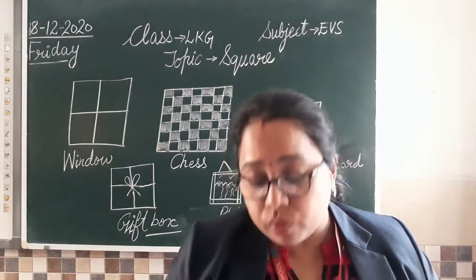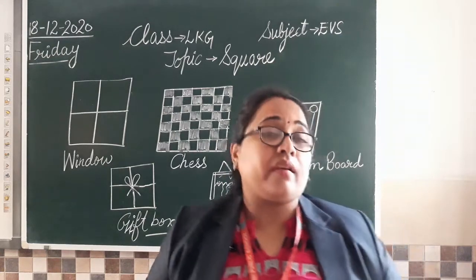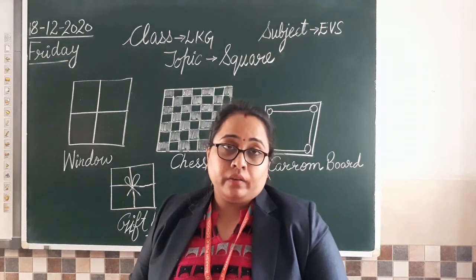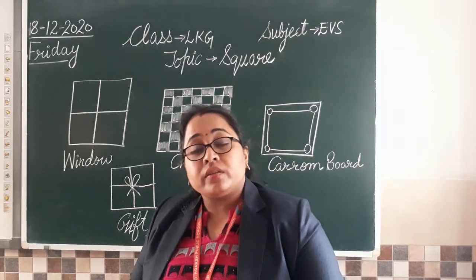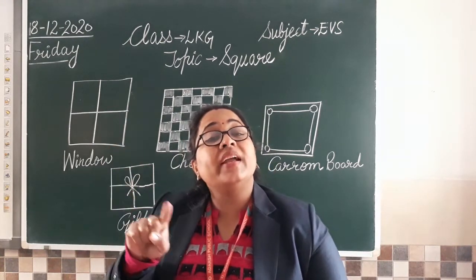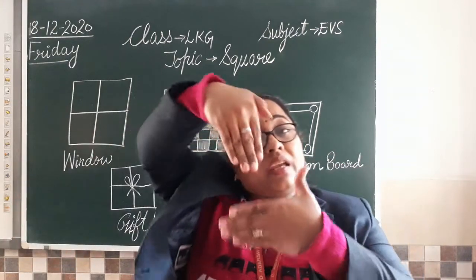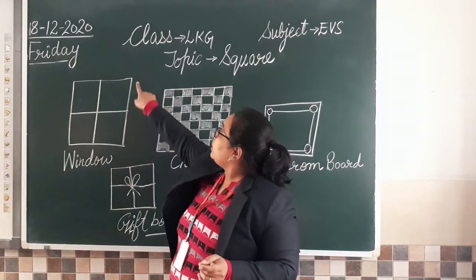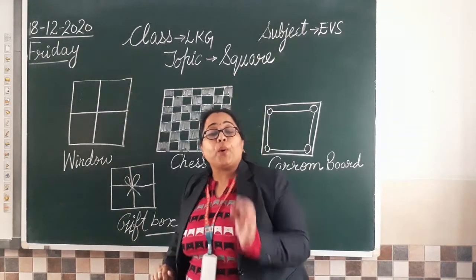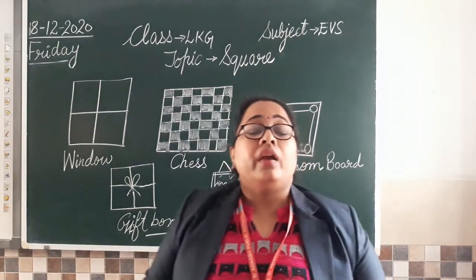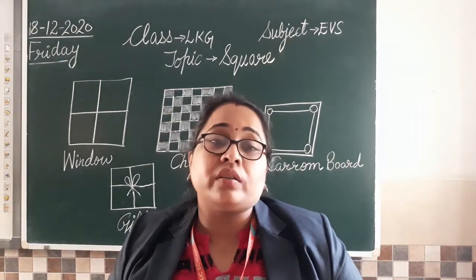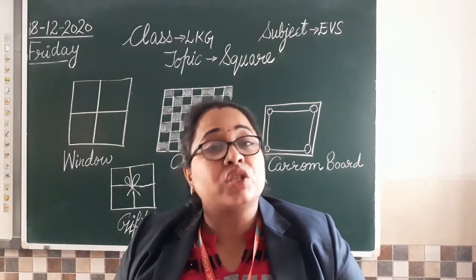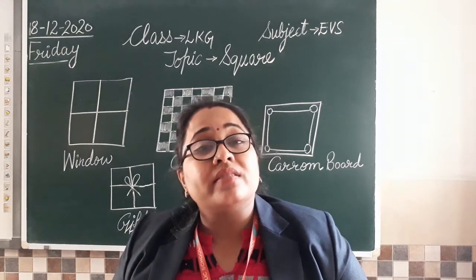So what I want to repeat or revise today is any closed object. कोई भी object जिसकी 4 sides आपस में touch कर रही हैं एक दूसरे को. See, इनका आपस में touch करना, जुड़ना बहुत important है, बहुत जरूरी है. If they are joined with each other, अगर वो एक दूसरे से जुड़ी हुई हैं, एक दूसरे के साथ touch कर रही हैं, then it is a square.